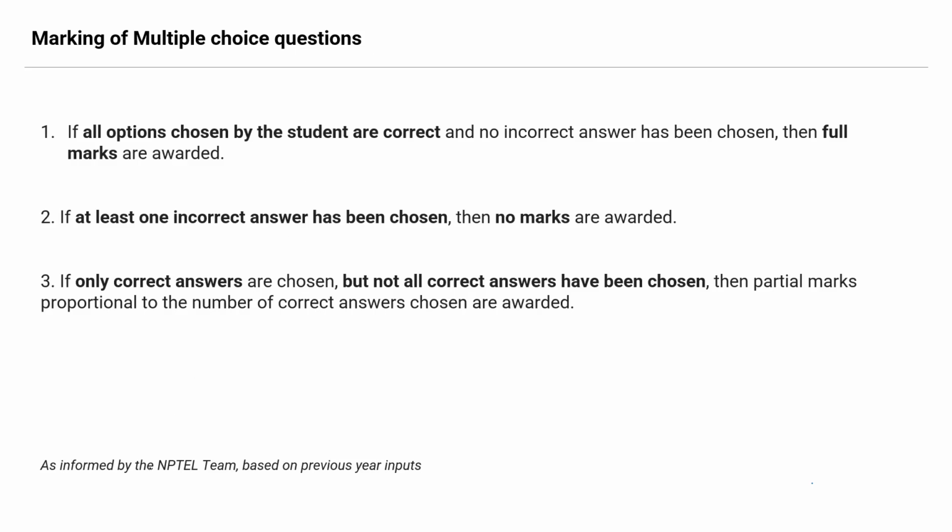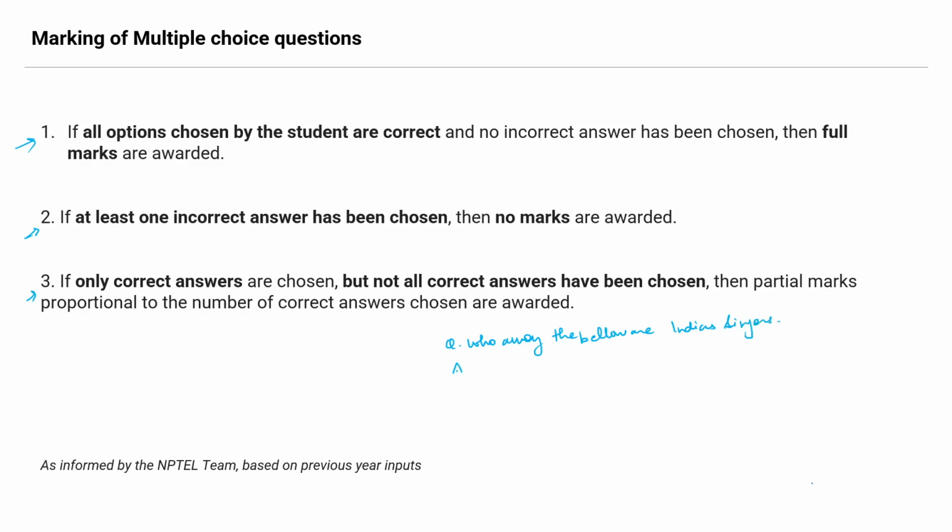This is particularly important because previously we realized that people had doubts about how they had been marked. The marking goes into three particular principles, and we'll see this with an example. Say the question is, who among the below are Indian singers?